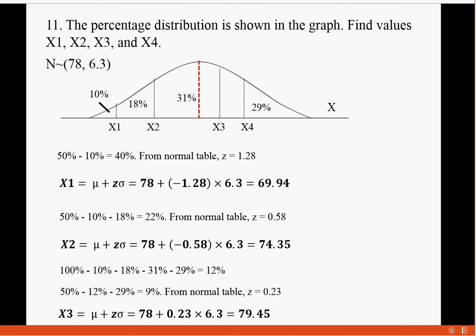The result should be 81.47. So the value of x4 should be 81.47. At home you can practice calculating the value for x4.